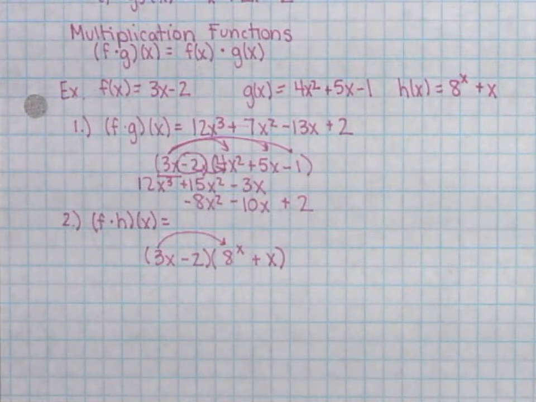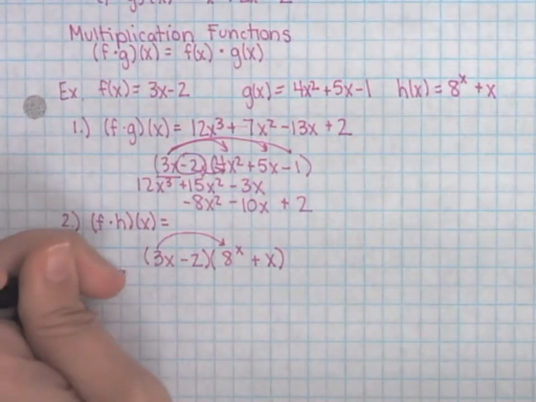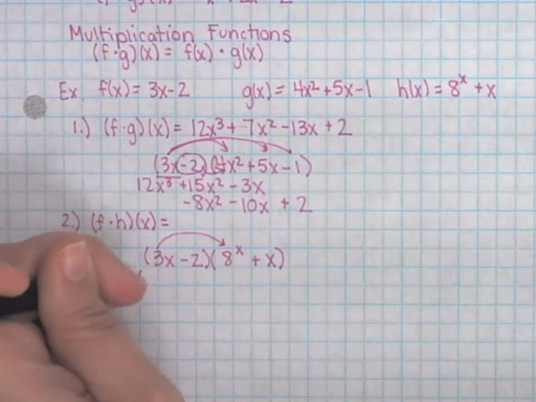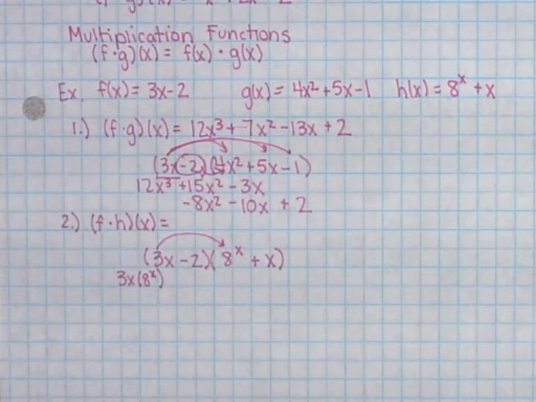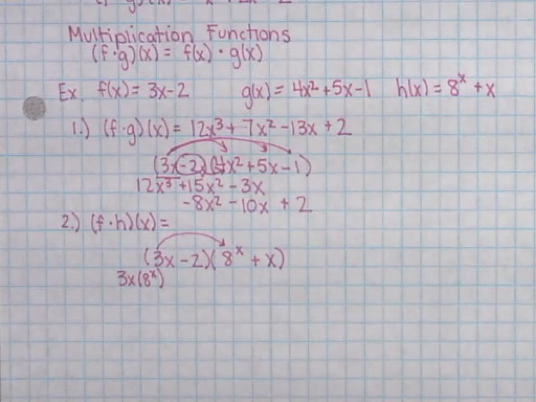You can't just change a variable in what it looks like. You cannot multiply 3x and 8x because of the location of the variables.